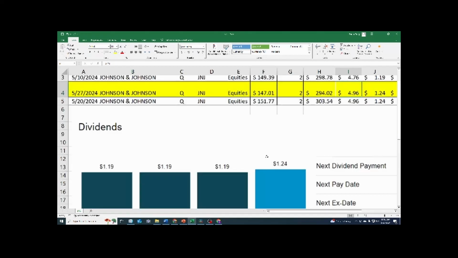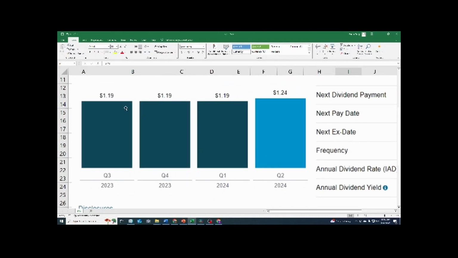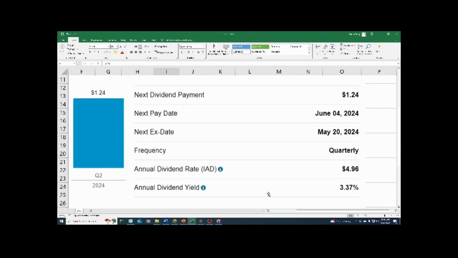That's why I love dividend stocks. Scrolling down, none of this has changed from last time, but the annual yield has changed, and that's the only thing that has changed. Next pay date is June 4th. That's when I'll see a dividend payment for $4.96 come into my account.